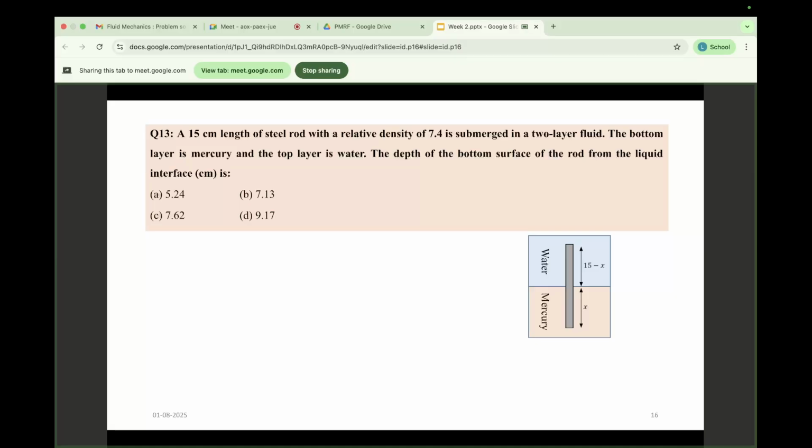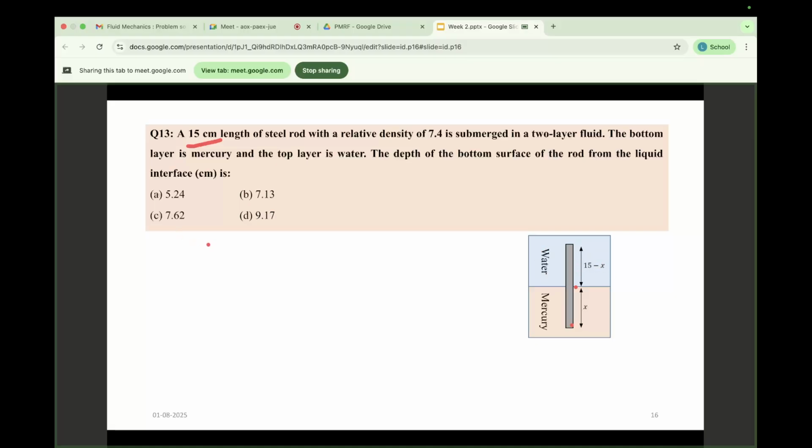They asked you to find this distance from this end to here, that is x. Since the total length is given as 15 centimeter, I do not know how much portion is in mercury and water. So I assume the portion in mercury be x, and the portion in water be 15 minus x.